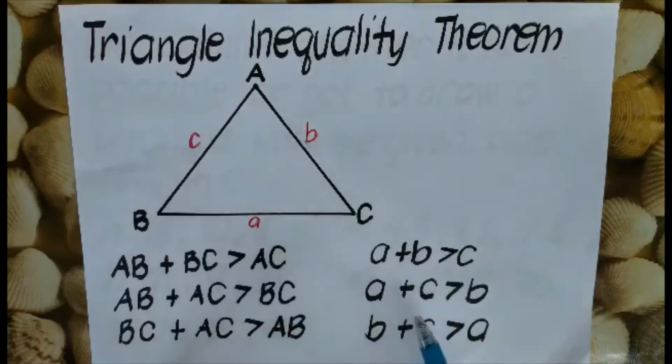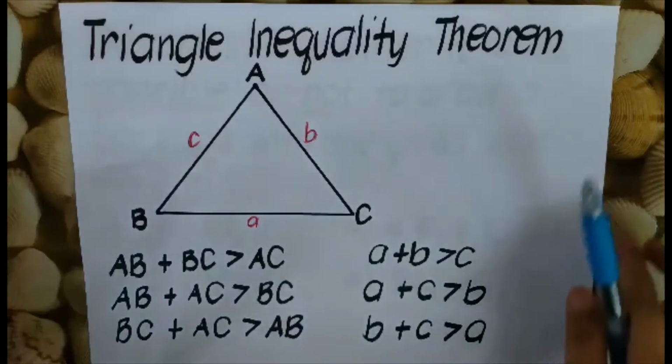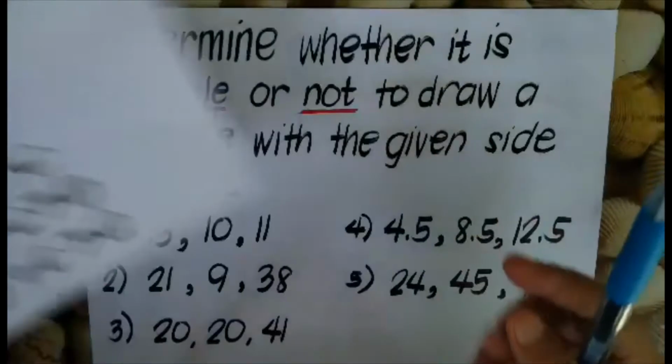You can also use the small letters: a plus b is greater than c, a plus c is greater than b, and b plus c is greater than a. So these are the conditions that will help us determine that the 3 dimensions are possible to draw a triangle.